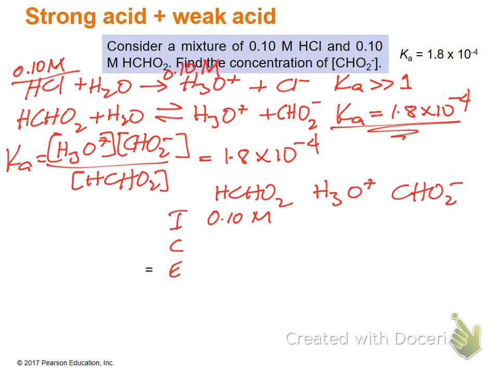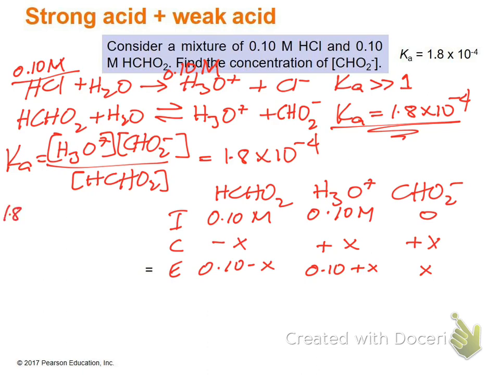So initially, we will also have 0.10 here for the concentration of hydronium ion, and then 0 for the conjugate base. And then you would proceed normally. So we have minus X here, plus X, plus X.